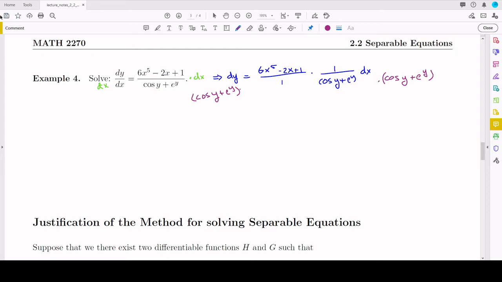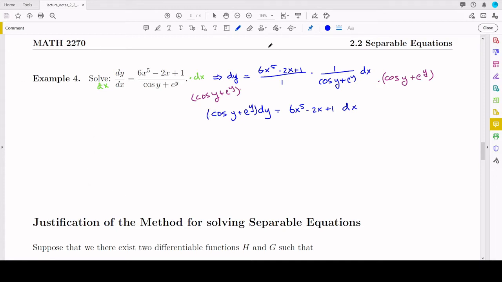And then the equation that I get is (cosine of y plus e to the power y) dy equals 6x^5 minus 2x plus 1 dx, because this cosine y plus e to the power y cancels out this factor here.